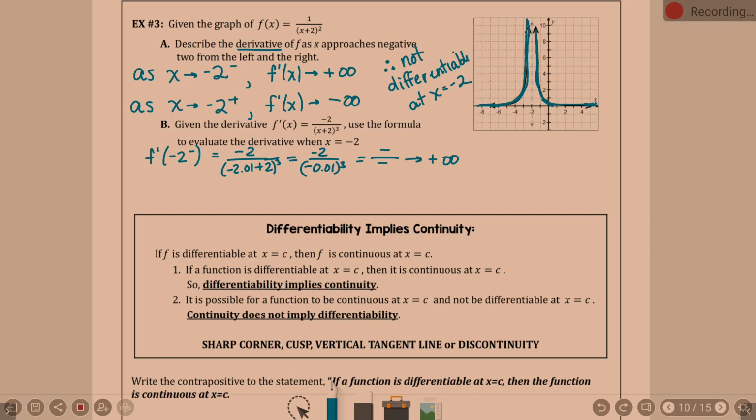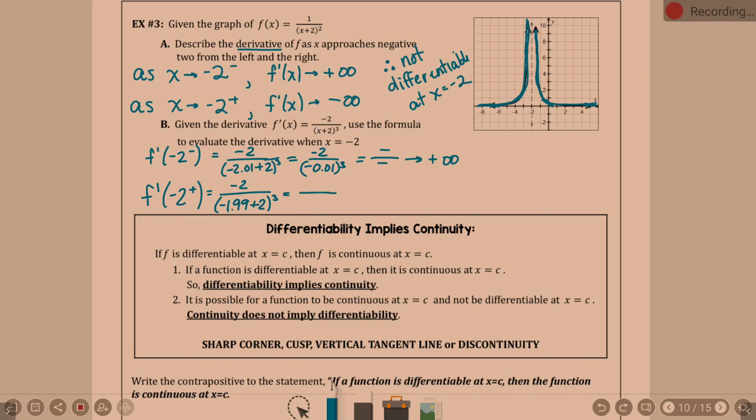Does that kind of match with what we found up above? Yeah. Now let's look at it from the other side. Let's evaluate the derivative from the right side of -2. So -2 over, now we can use your -1.9 or -1.99 plus 2 quantity cubed.